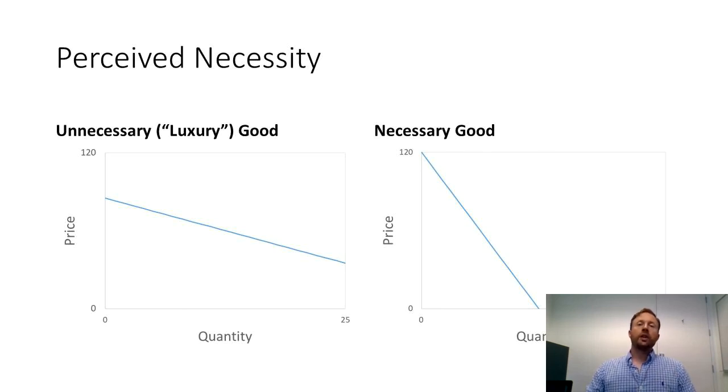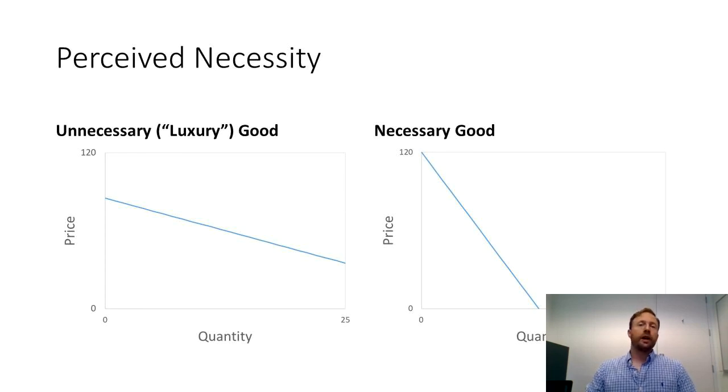On the other hand, goods that are considered luxury goods, things like ocean cruises, like I mentioned before, buying yachts, buying a particular luxury brand of car, that demand curve is going to be more elastic. It's going to be flatter, because if the price of a yacht goes up by 5%, I could easily say, you know what? I don't have to buy a yacht. I don't need that. I could buy something else instead.